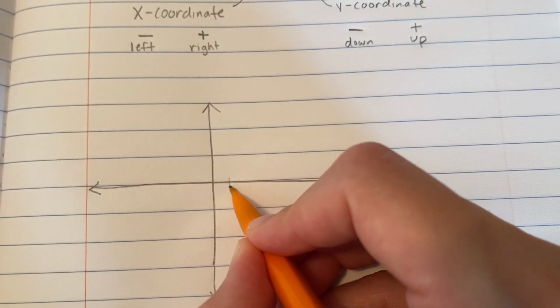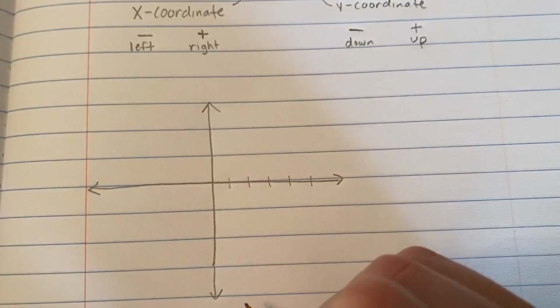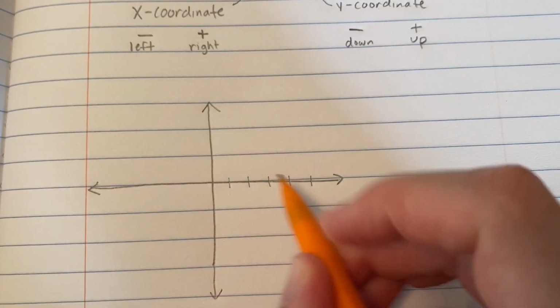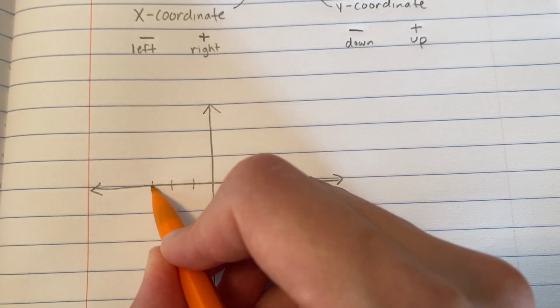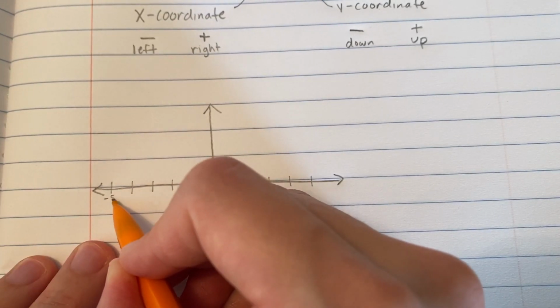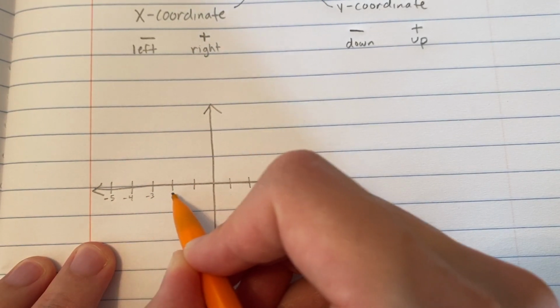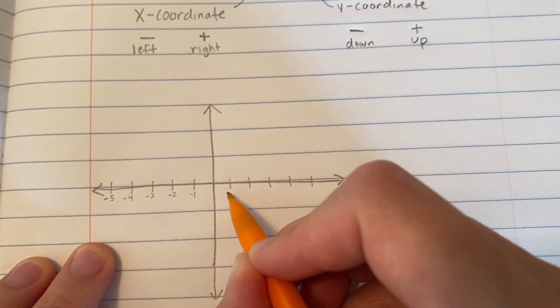So watch what I'm going to do. 1, 2, 3, 4, 5. If you want, you can number it 1, 2, 3, 4, 5, but this is -1, -2, -3, -4, negative 5, right? These are all numbers along the x-axis. I just numbered the x-axis. This is 0 on the x-axis.